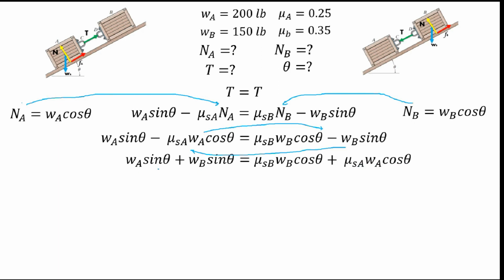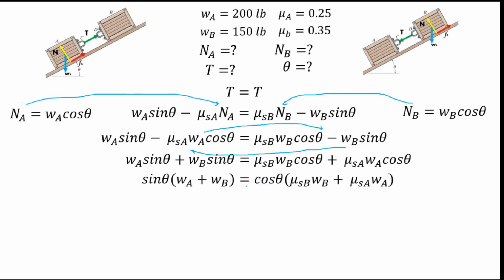Let's factor out the sine theta and the cosine theta. So it will be sine theta times WA plus WB, then cos theta is equal to mu B WB plus mu A WA.